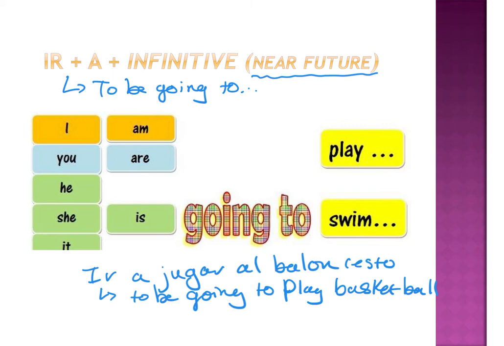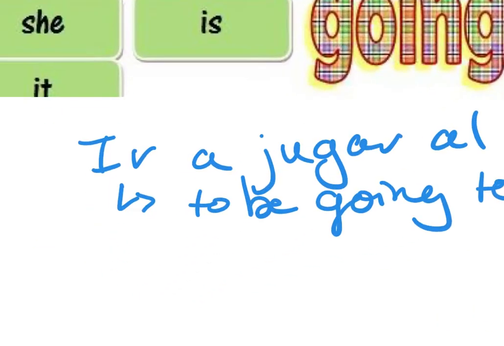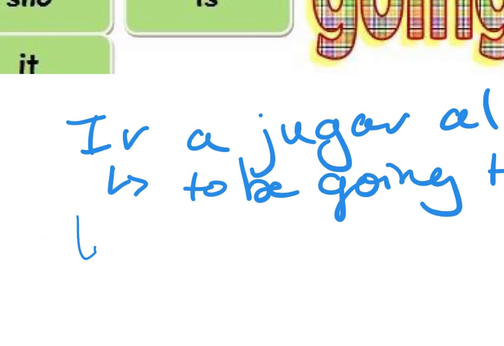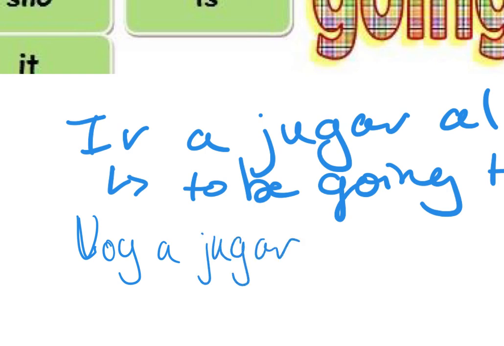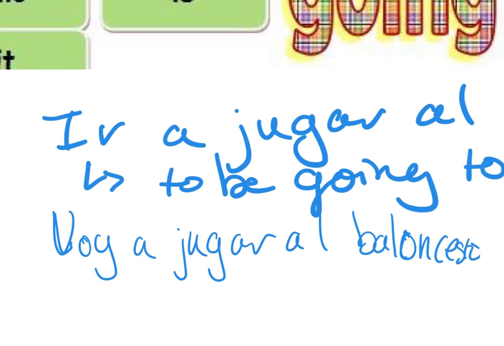All right, but to give you a more practical example, because you probably won't use the phrase ir a jugar al baloncesto very often, you could say, yo voy a jugar al baloncesto. All right, yo voy a jugar al baloncesto. That means I'm going to play basketball, right? Like in the very near future, I'm going to play basketball.